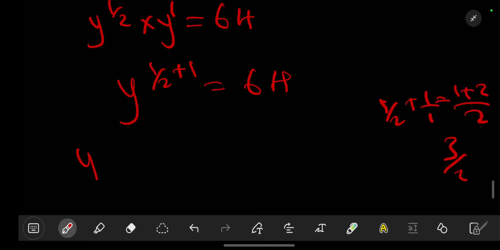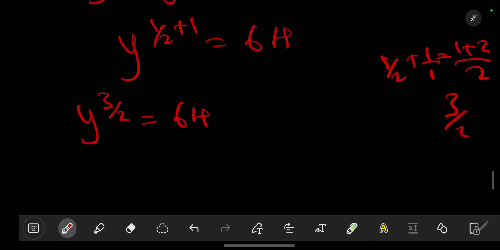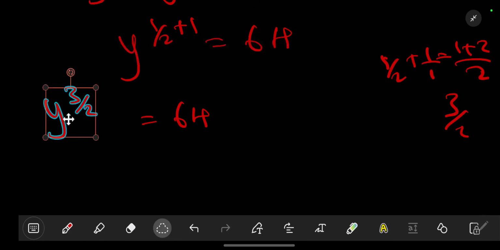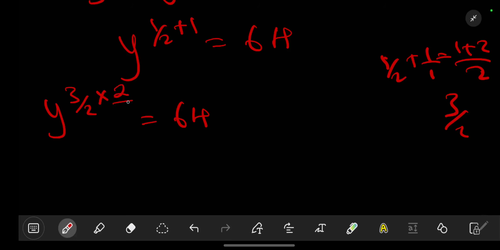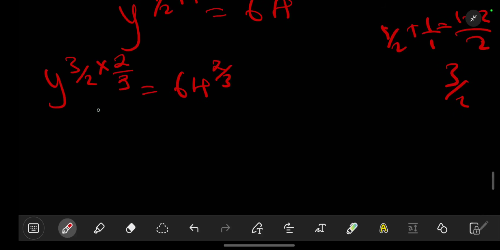So we are going to say y to the power 3 over 2 should be equal to 64. Let me move this a bit. So we are going to multiply by the multiplicative inverse, which is 2 over 3.